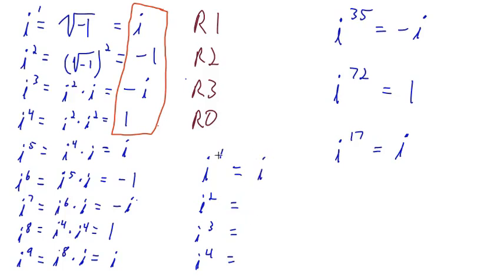So anytime you get a remainder of 1, it equals i when you divide by 4. i squared, well, that's the square root of -1 squared. So that equals -1. i to the 3rd power, well, that's i squared times i. So that would be -i. And i to the 4th power would be i squared times i squared, which is -1 times -1, which equals +1. And this is the pattern that repeats itself over and over again.